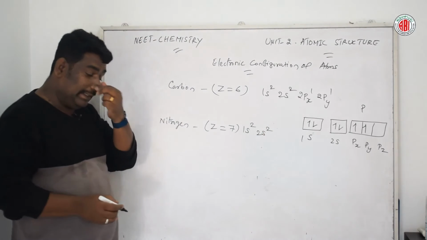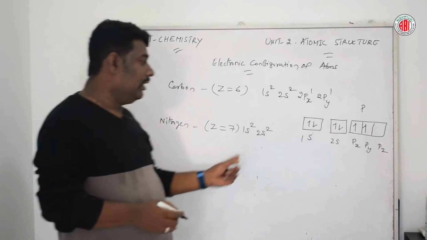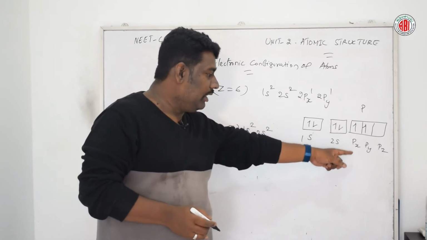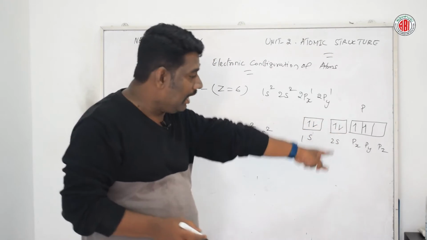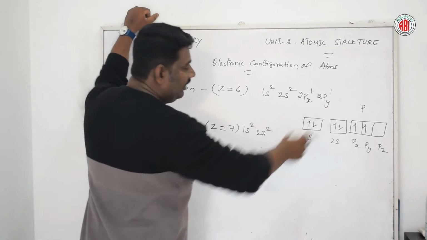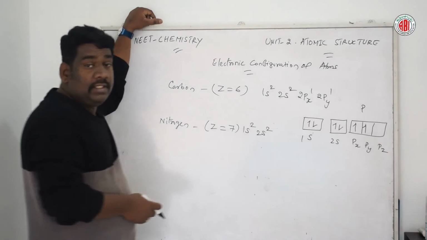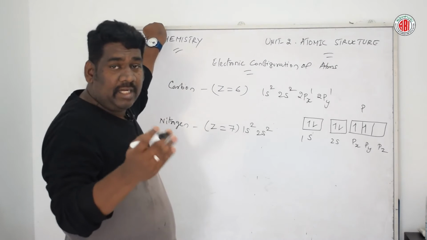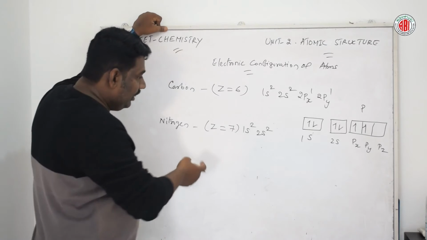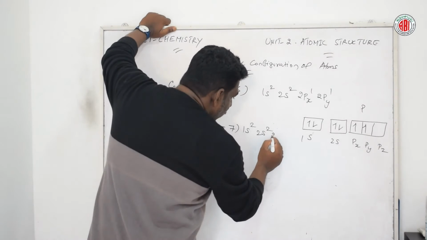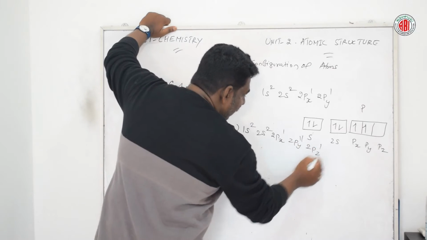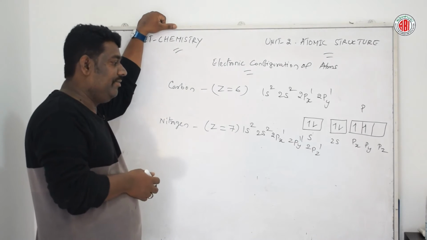Now 3 more electrons are left over, and they cannot be filled as 2px2 and 2py1, because the electrons are shared among each of the p orbitals. So there are 3 unpaired electrons in the 2p orbital of nitrogen. In that manner, we can write 2px1, 2py1, 2pz1. So in that manner we can write the electronic configuration.